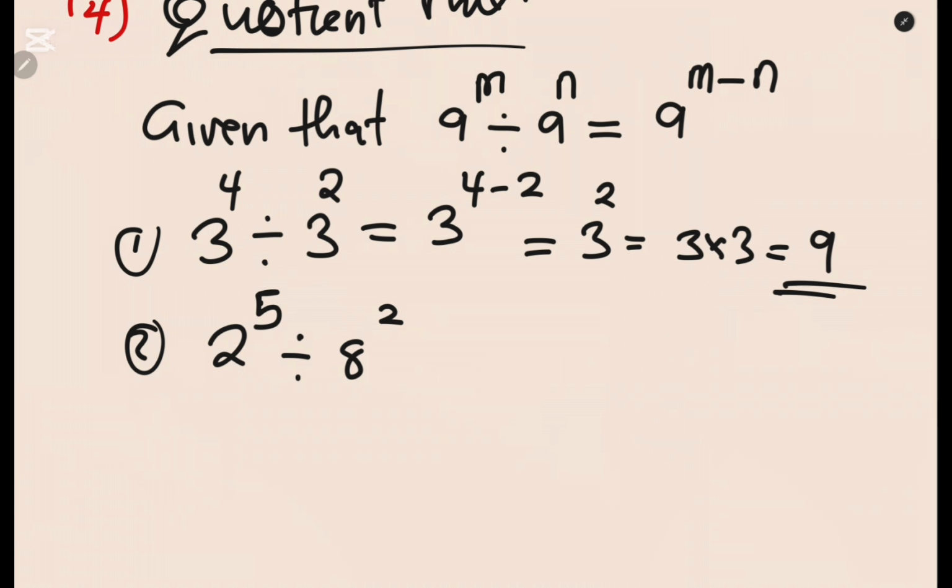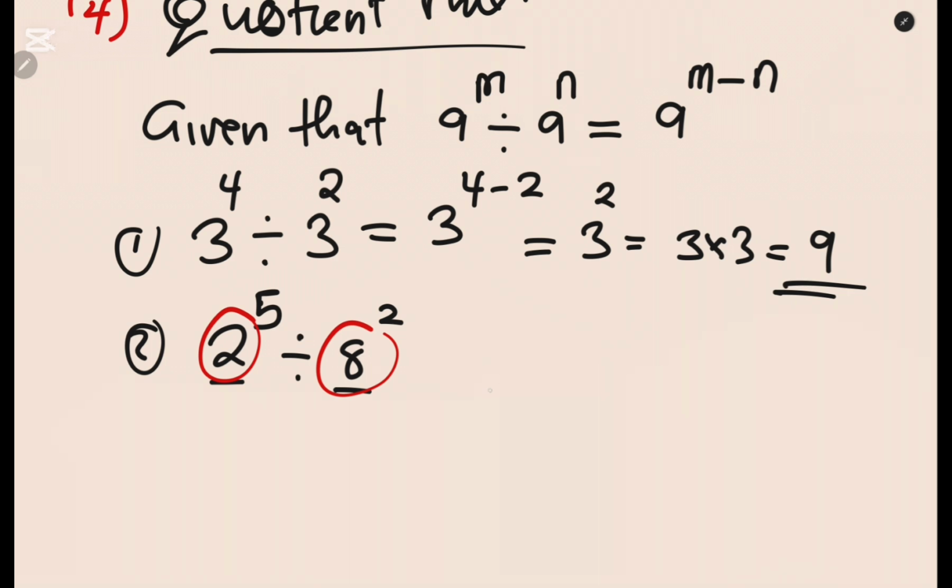So for us to apply this rule, we need to express this in the same base, and I said you follow the small one. So we are going to express 8 as a base 2. So how do you do it? 8 is just the same as 2 multiplied by 2 multiplied by 2. 2 multiplied by 2, that is 4, multiplied by 2, that is 8.